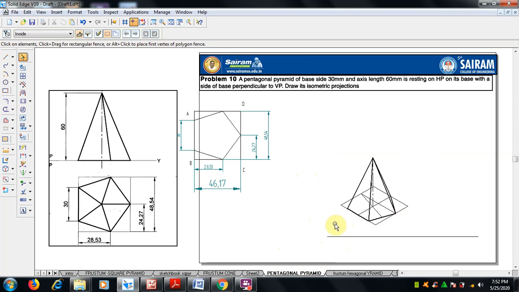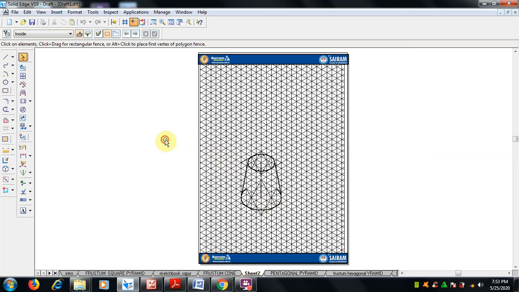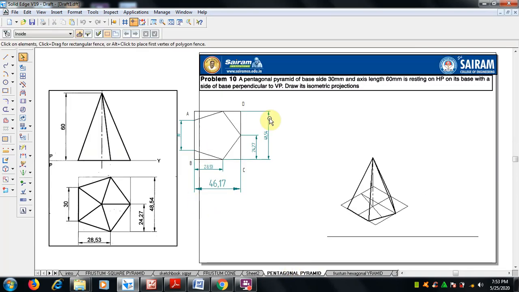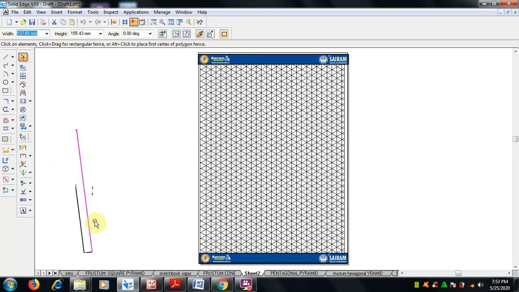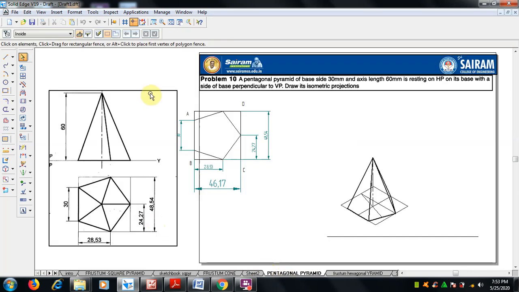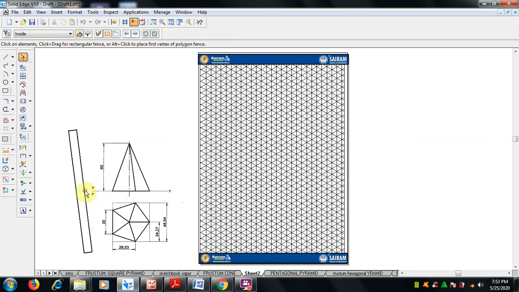Like this, the same in sketchbook also, we have to select here how to draw the pentagon. The same data is needed. So 46.17, 48.54, whatever it is there, this entire thing. So when we are going to draw this, we need to draw the top view, and the top view will help you to draw this.